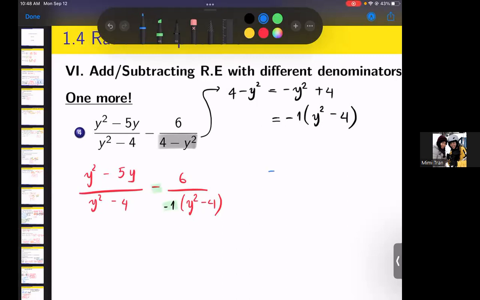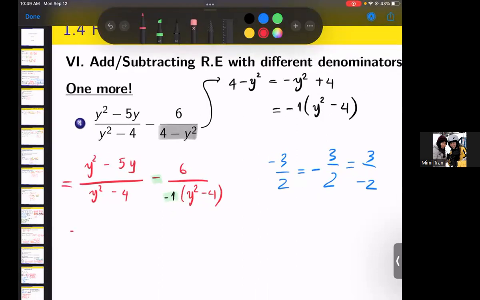If I have, say, negative 3 over 2, it's the same thing as 3 over negative 2. So I can bring this one up for the negatives, negative 6 becomes positive 6. So here I'm just going to rewrite it as y squared minus 5y over y squared minus 4 plus 6 over y squared minus 4. The negative is gone.